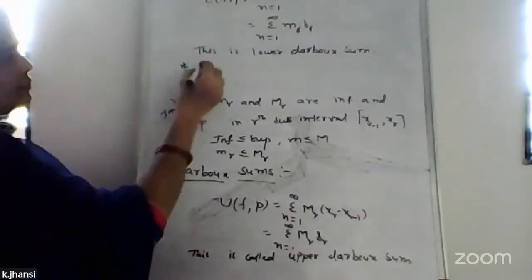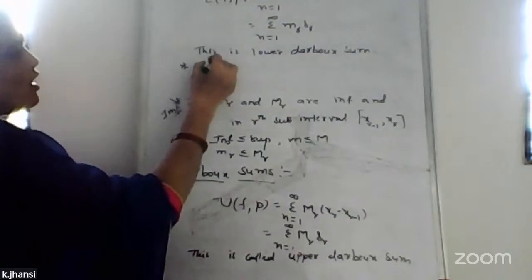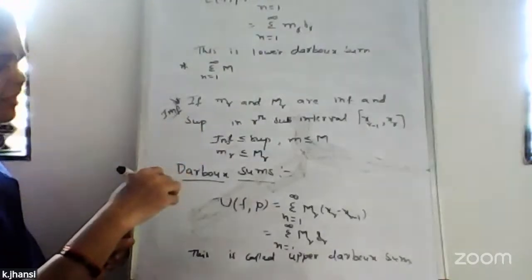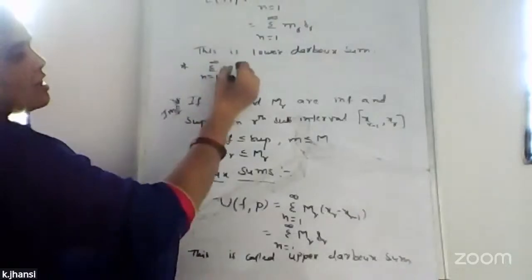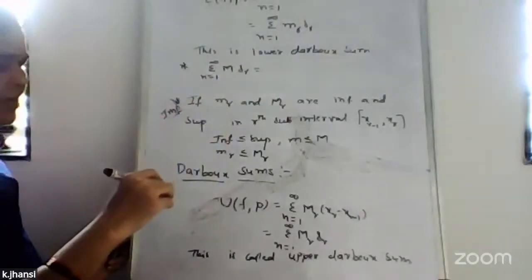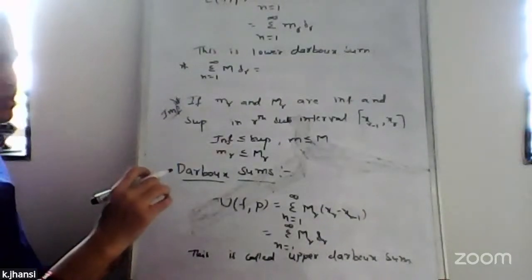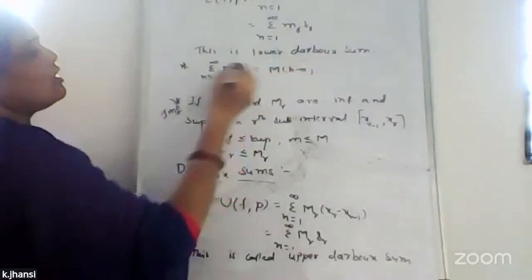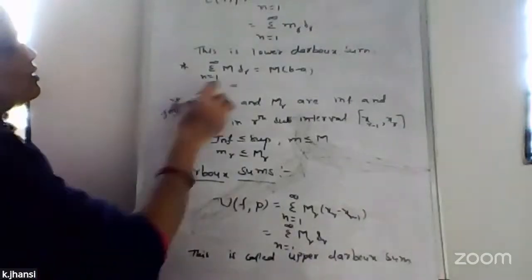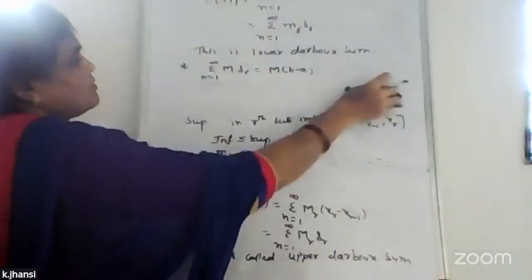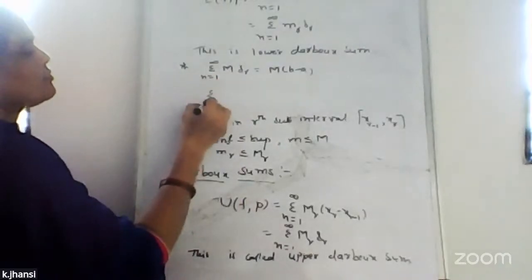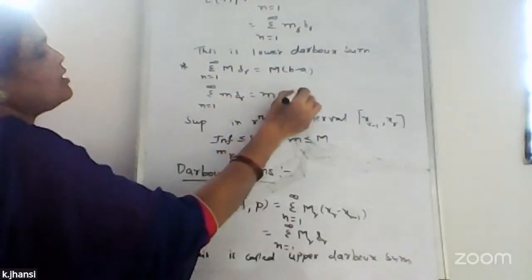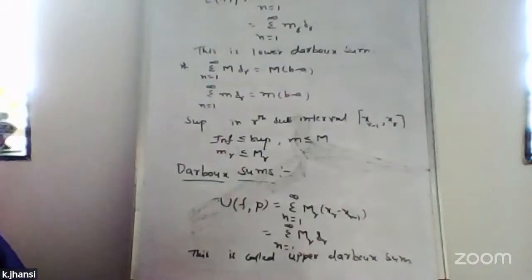The summation of delta_r, where delta_r is used for solving the problems, will be capital M into (b minus a), and one more is small m into (b minus a). These two concepts we will use in some theorems.